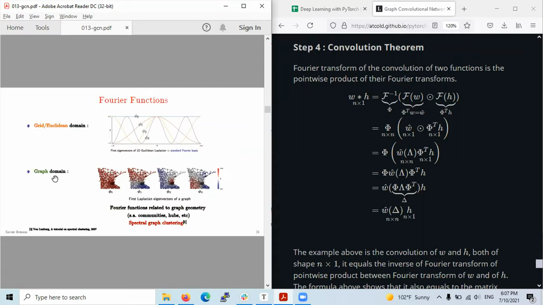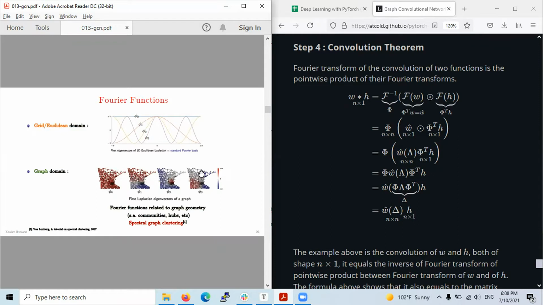Similarly, if it is applied to a graph domain, this is the way the various nodes of the graph are activated based on the eigenvalues. If it is a DC signal, the whole graph is activated. Then you have phi 1, wherein part of the graph is activated with a certain value and the other part is activated with a different value, probably something opposite to the red section's amplitude, and so on.